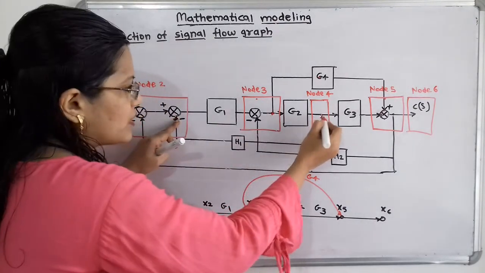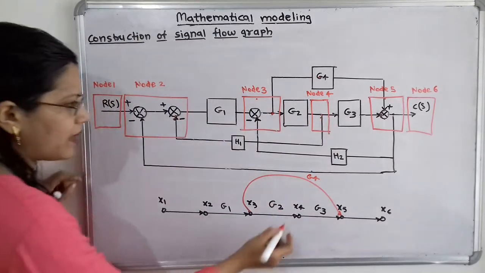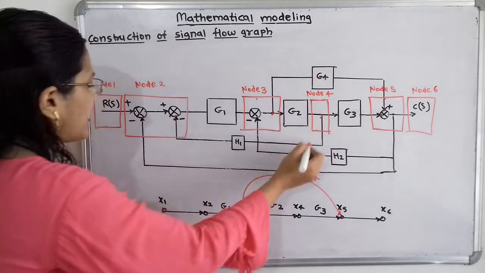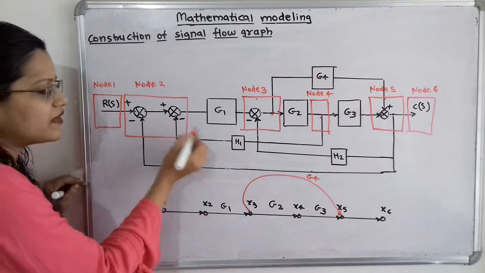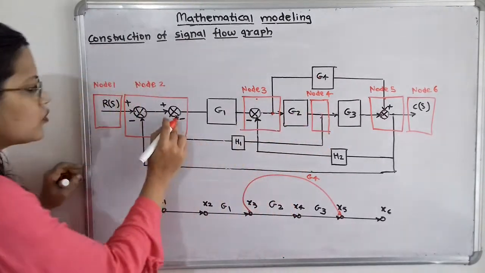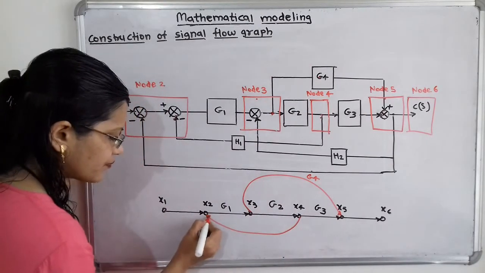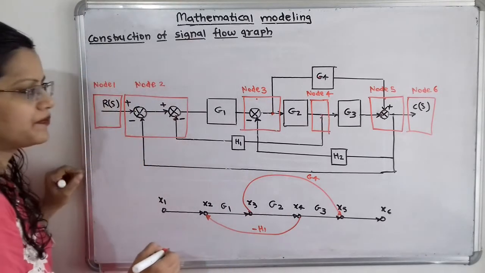So node 4, that is x4 to x2, we have to join the feedback path indicating h1 as a gain. That means here there is minus sign for the feedback path, so we have to write here minus h1. So x4 to x2, and we have to write here as a minus h1.